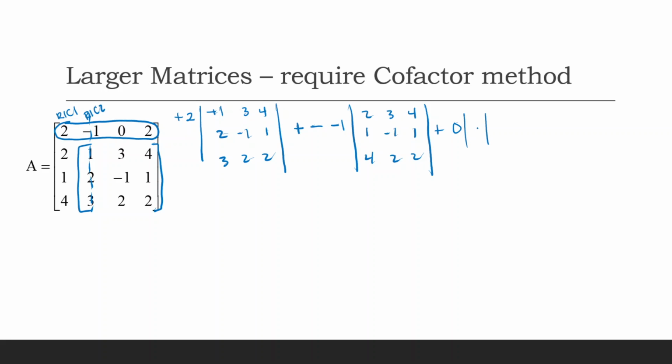So it doesn't matter what its minor is because it's 0. Okay, and that one would be plus. And then I take the 2 and I do its minor. So I'll have 2, 1, 3, 1, 2, negative 1, 4, 3, 2. And the first one was plus, the second one is minus, and then plus, so this one is minus.